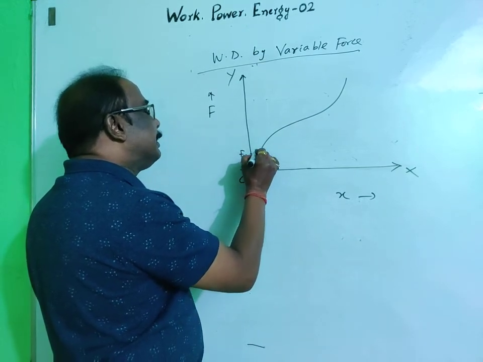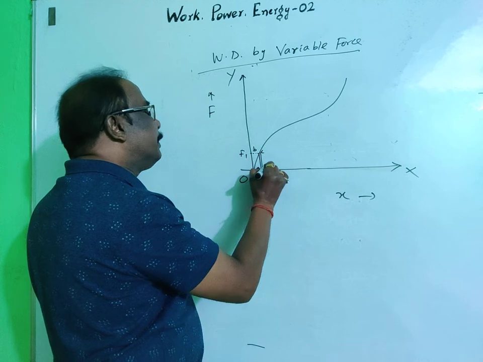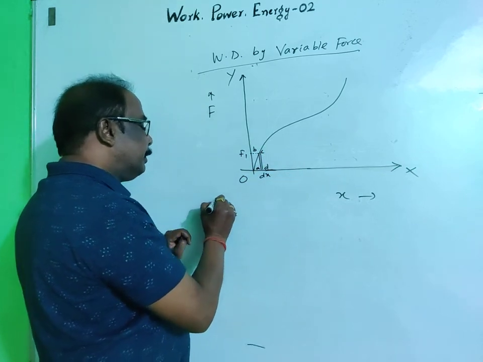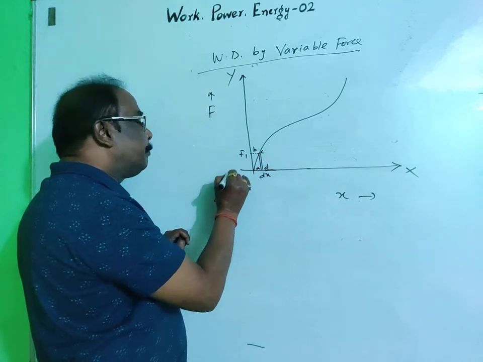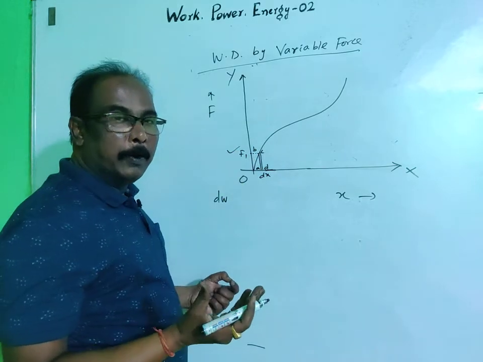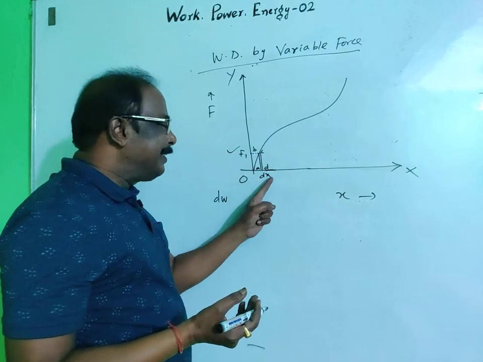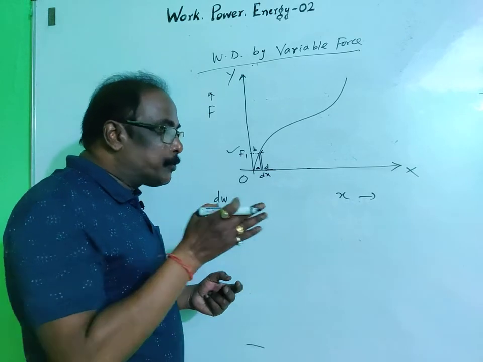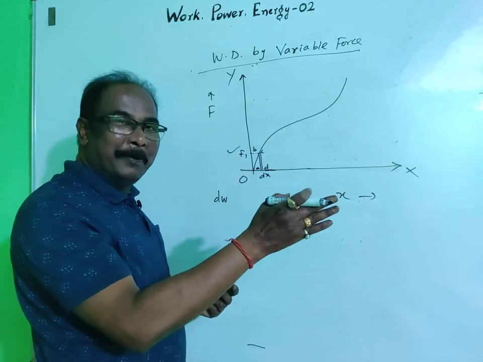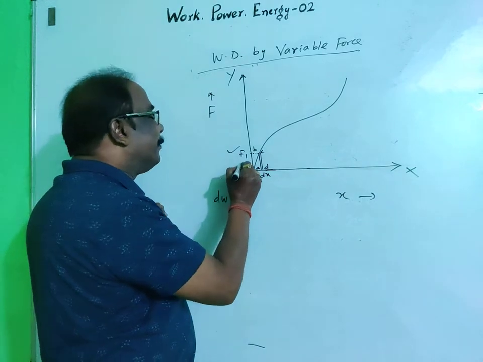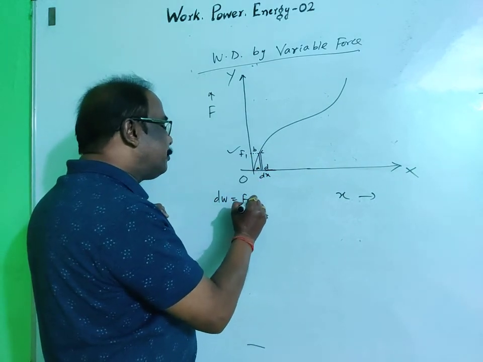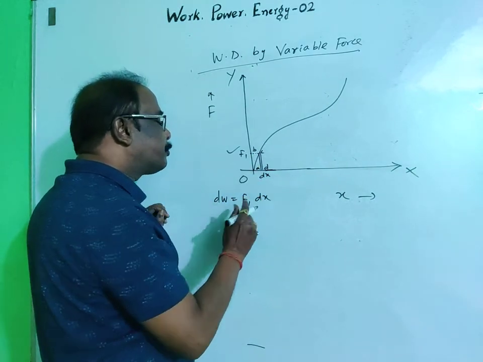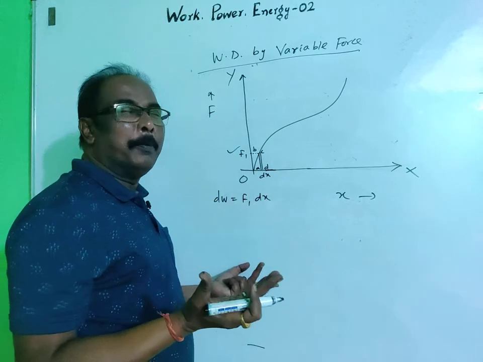Let this point be A, this point B, this point C, this point D. Then what is work done by force F1? Displacement is dx, force is F1. Again we have assumed displacement is along the direction of force. Then dw, work due to F1, is F1 into dx, F1 dx cos 0, which is F1 dx.